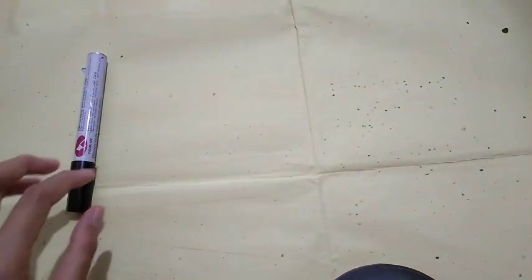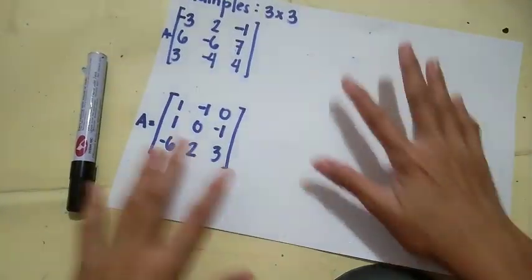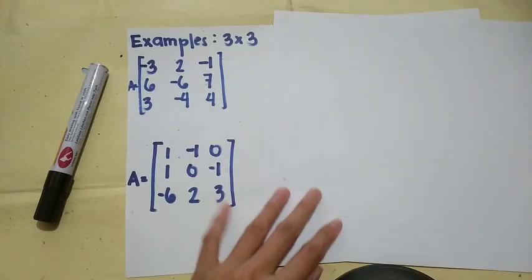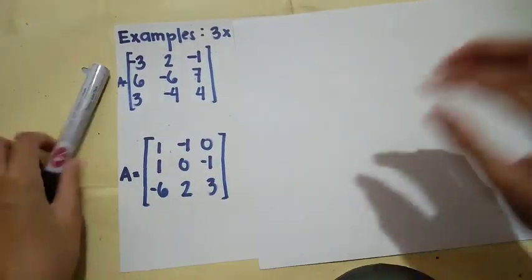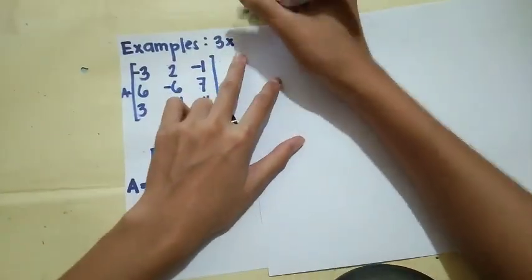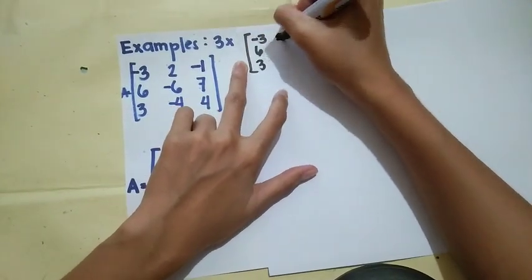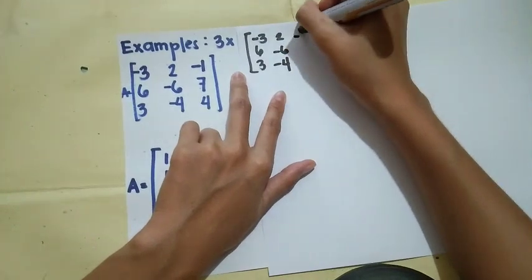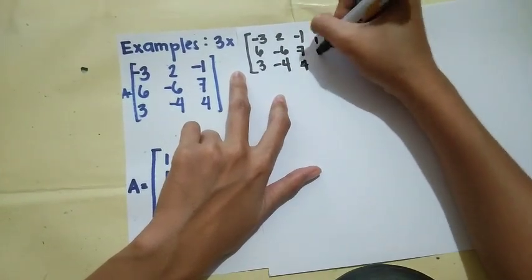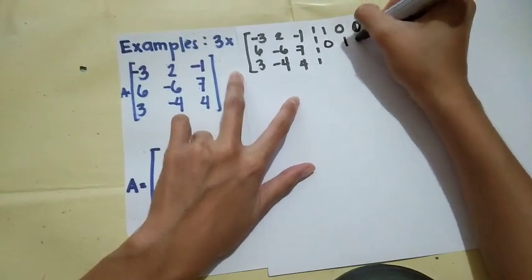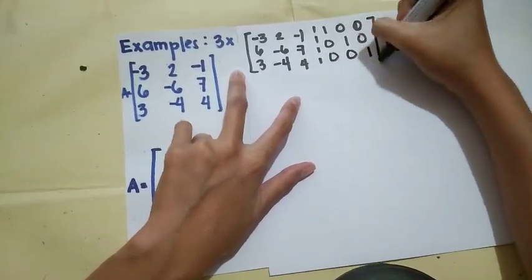So now let's move on to our 3 by 3 examples. Okay, are you guys excited? Now we have flashed on our screen the 3 by 3 examples. This one is a bit long. So we have here negative 3, 6, 3, 2, negative 6, negative 4, negative 1, 7, and 4. To form an augmented matrix here, we have 1, 0, 0, 0, 1, 0, 0, 0, 1.